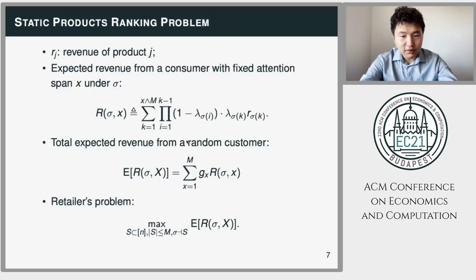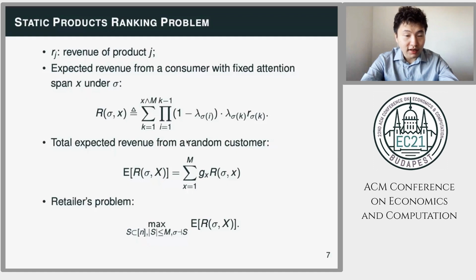After studying consumers' purchasing behavior, we then mathematically introduce the product ranking problem. We let R_j be the revenue obtained by selling product j. Under our model, the expected revenue obtained from a consumer with fixed attention span x and the display sigma is R(sigma, x).